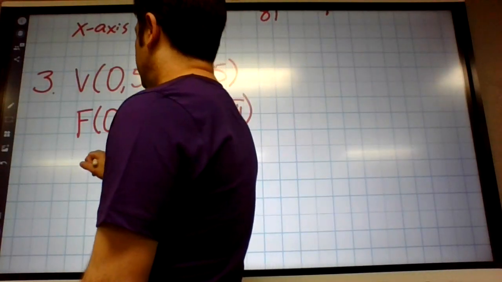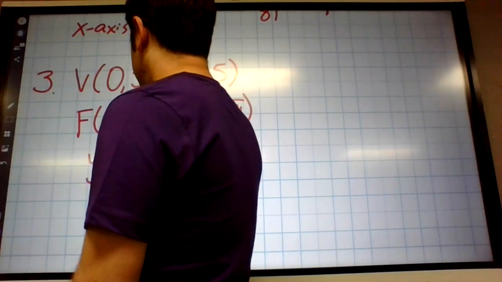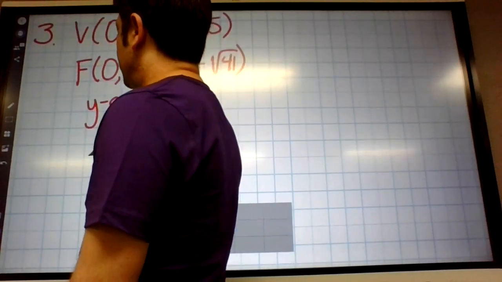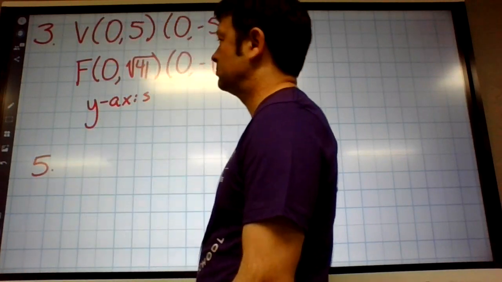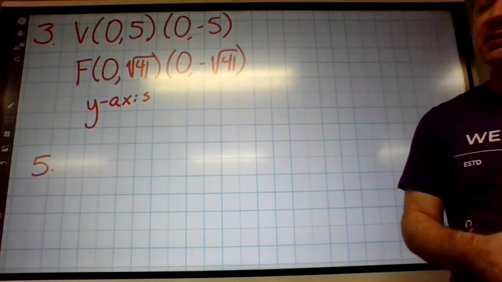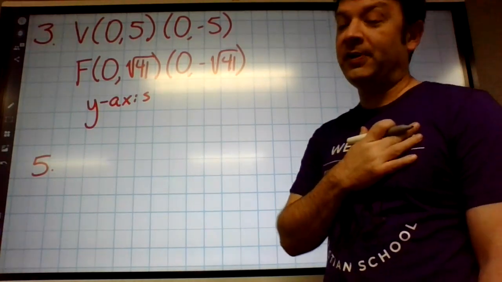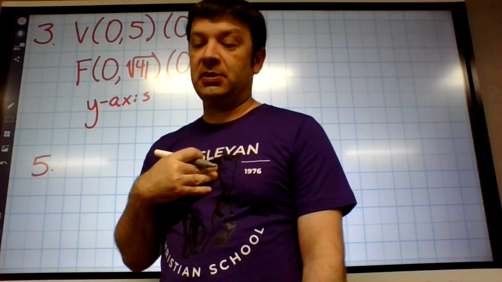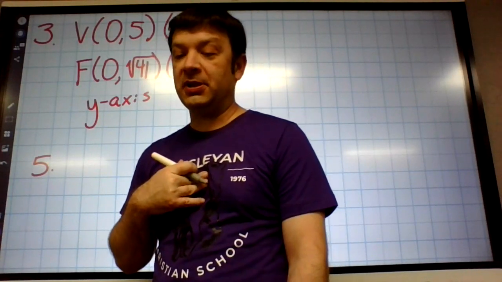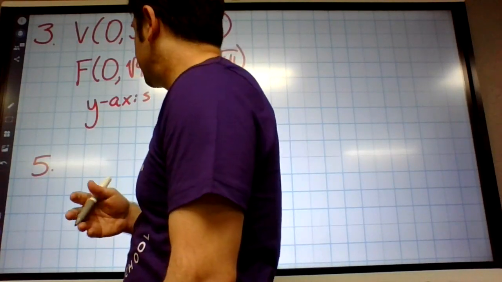And I get the y-axis. It's going up and down. I guess maybe y-axis isn't the best answer because on number 5, the graph is shifting left and up. So it's not going to be exactly split by the axis.